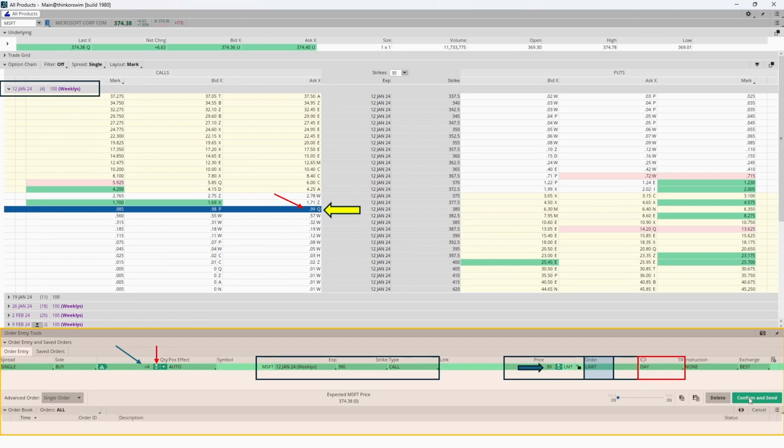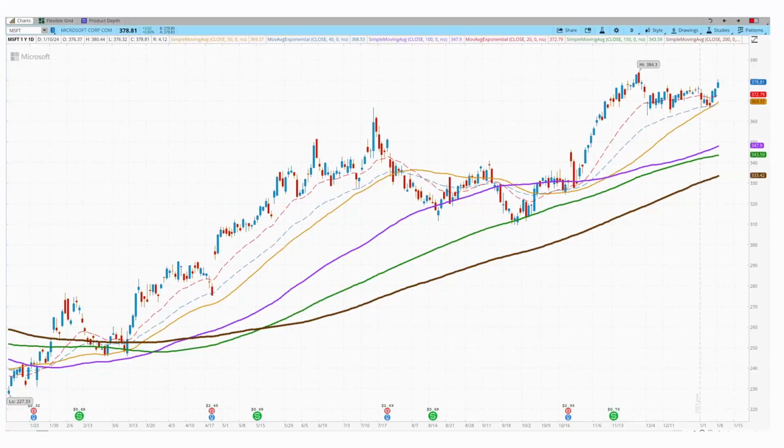In my case, I just left it until day. What that means is that this order will only be executed today. It won't be executed tomorrow. The reason I chose day is because there were quite a few hours until the market closed, so I was right leaving it until day. After you've checked everything is as you wanted it to be, you can click on confirm and send, and it should send out your order.